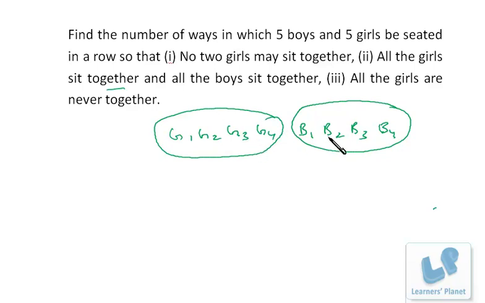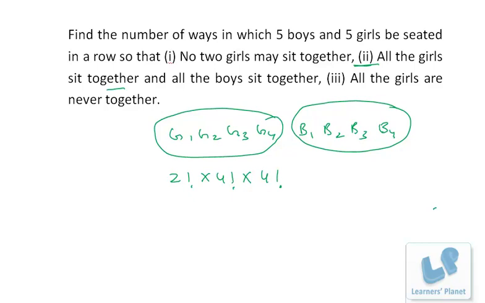Now there are 2 persons. So 2 persons can be arranged in 2 factorial ways, first of all. Then these 4 girls have to be together, but mutual arrangements are possible. So 4 places, 4 girls, they can be arranged in 4 factorial ways. Similarly, 4 boys, 4 places, mutually they can arrange themselves in 4 factorial ways, right? So this is the answer for the second one.